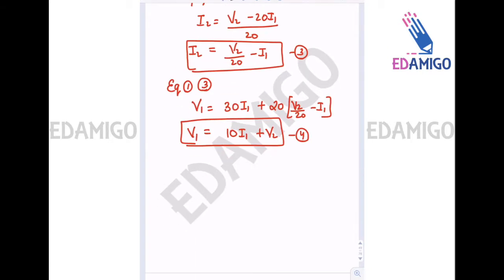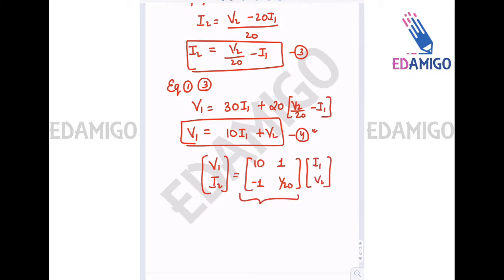Now using 3 and 4, I can say that V1 and I2 is equal to 10, 1 using equation number 4, and using equation number 3, it is minus 1, 1 upon 20, times I1, V2.